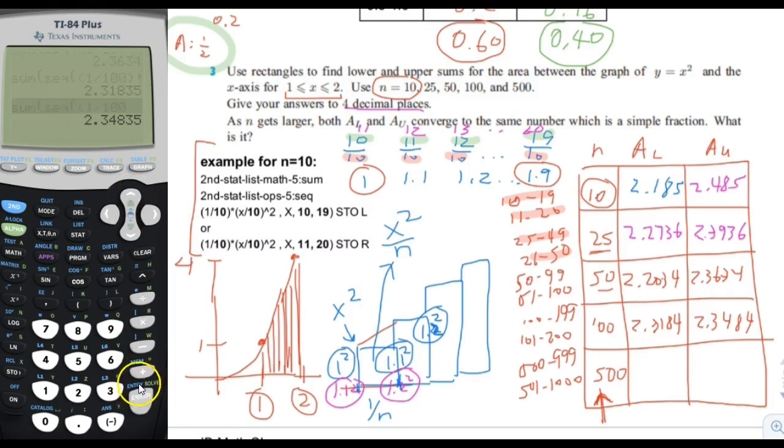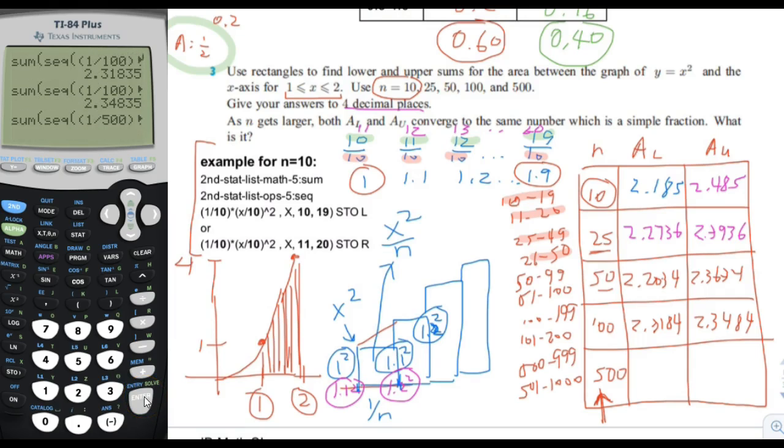Last one. Now our n value is 500. So replace our n value there. And so now our counter values are going to be 500 to 999, jumping by ones.